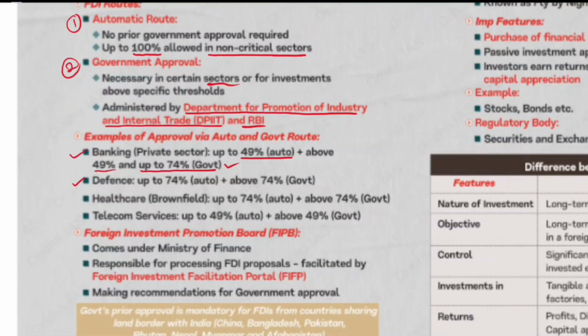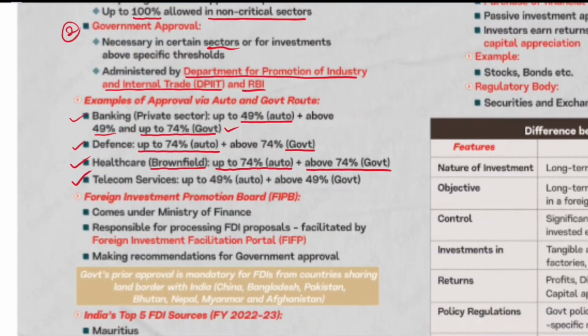In the defense sector, up to 74% is via the automatic route, and above 74% government approval is required. In healthcare brownfield, up to 74% is automatic and above 74% requires government approval. In telecom services, up to 49% is automatic and above 49% requires government approval.